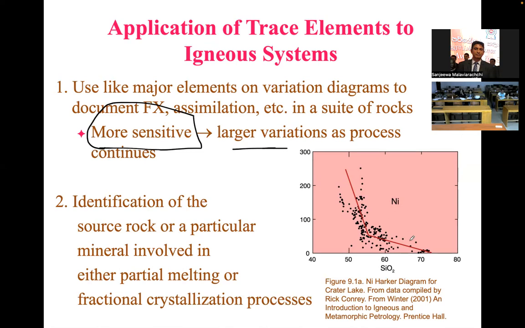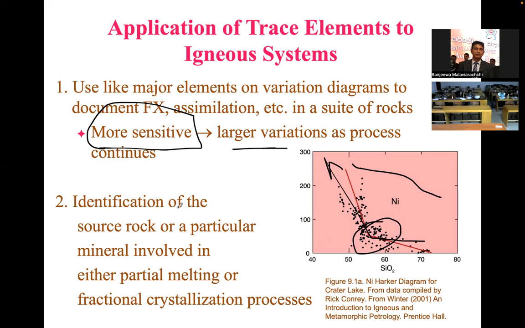For example, this trend changes suddenly like this. Okay, so that means some geochemical process has taken place somewhere here. Right? But in major elements, you might not see this type of variation. Still, you might see some variation like that.